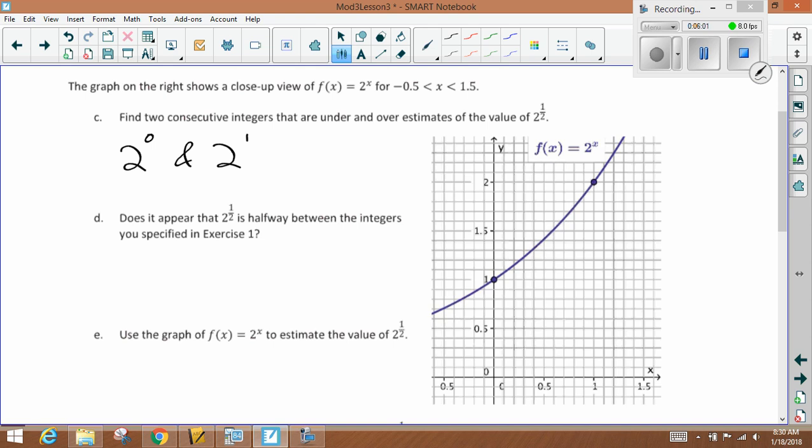So let's see. Does it look like 2 to the 1/2 power is halfway between the integers that we specify? Well, let's see. We're at 0 here, right? And we're at 1 here. So halfway in between is here. What are we looking at when we're halfway in between?